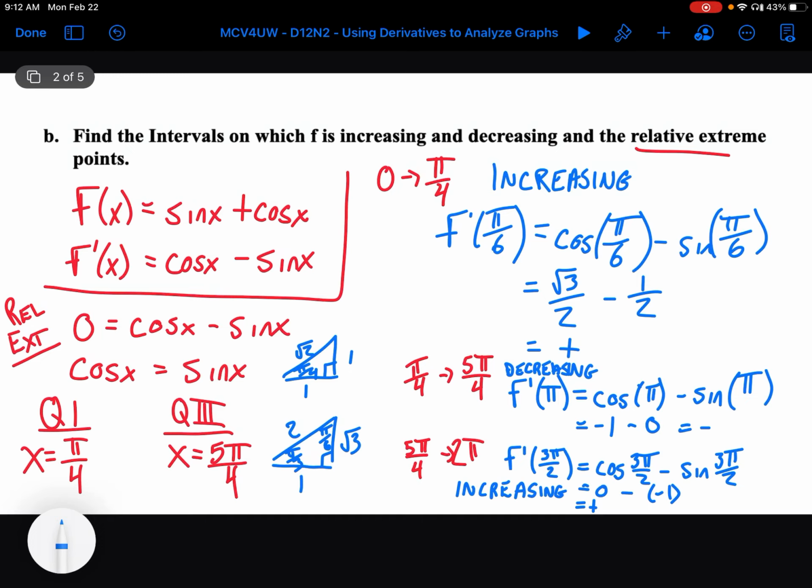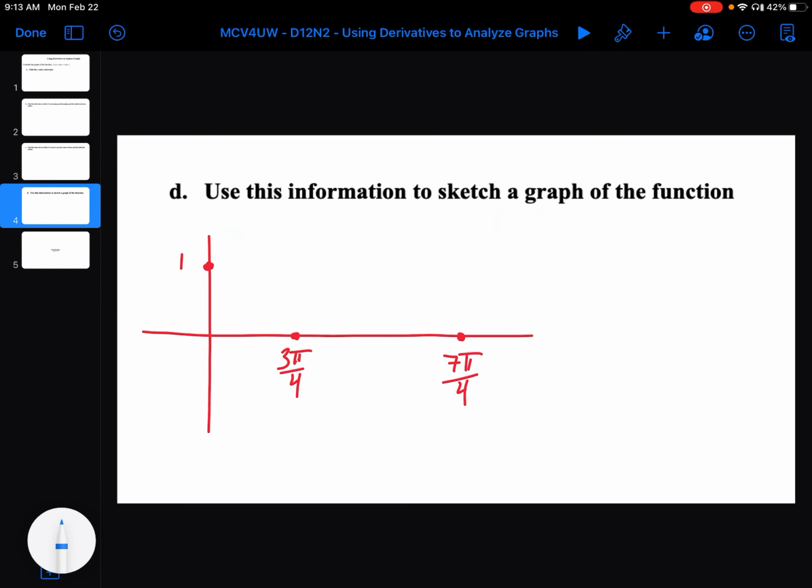Okay, so we've got a pretty good idea of what the graph is doing now. We'll go back to our graph. We know that it's decreasing here.